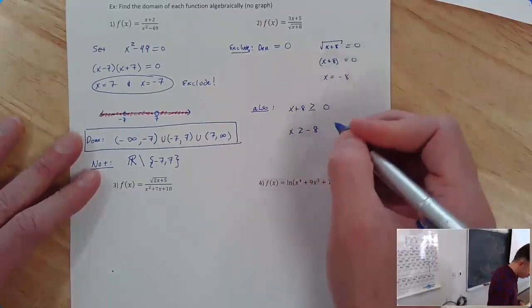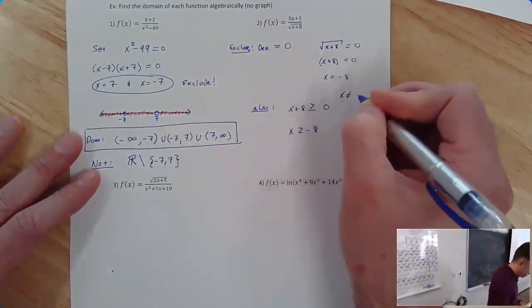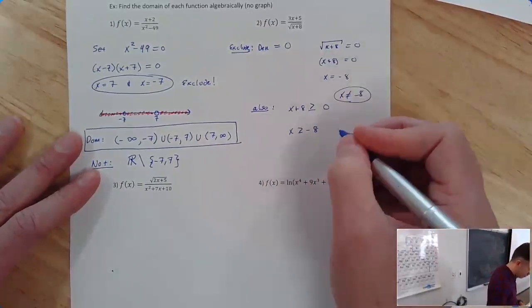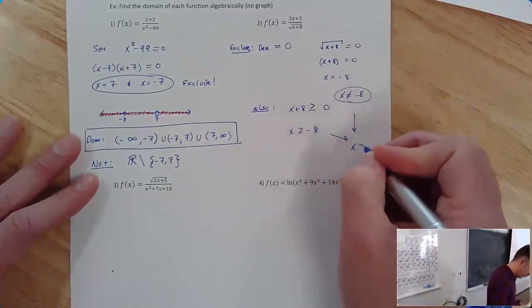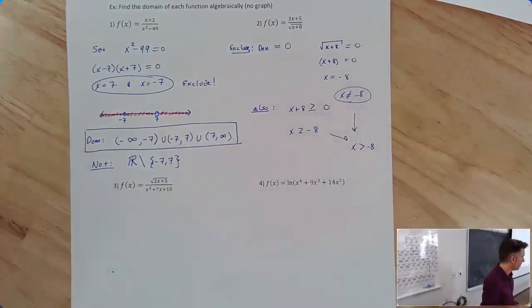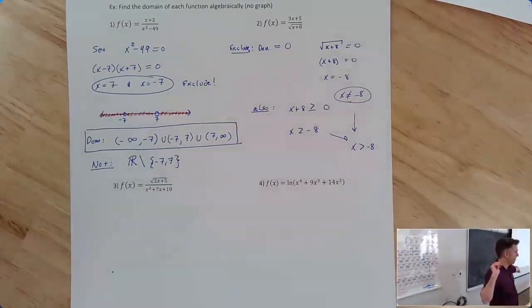Sorry, -8. Apologies, I said 8. So in the end, these things together mean x should be greater than -8. So is that -8 to infinity or -infinity to -8? If I'm bigger than -8, I want to be going to the right, towards infinity.